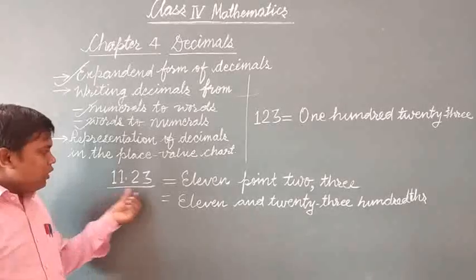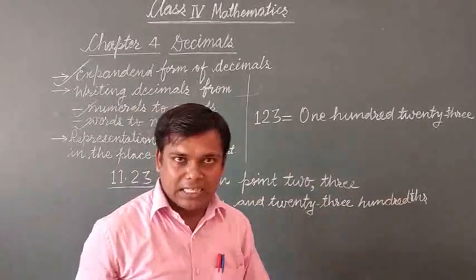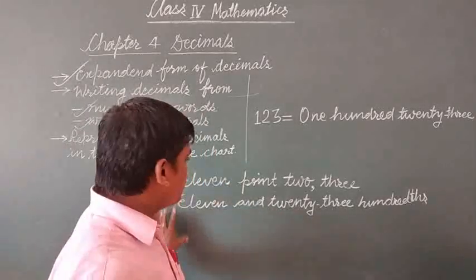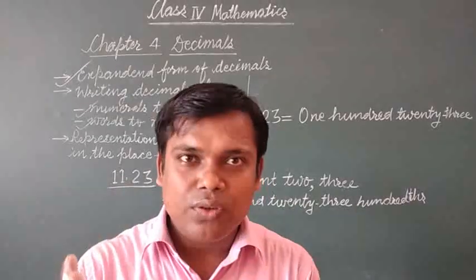Means 11.23 is 11 and 23 hundredths. In these two ways you can write a given decimal number into words.